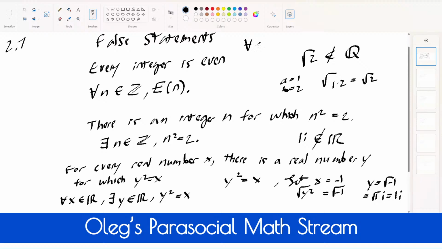For all a and b in the rationals, the square root of a times b is also in the rationals, which is a false statement, but there we have it. These are all false statements, but useful. All right, we're continuing on. Example 2.7. Okay.